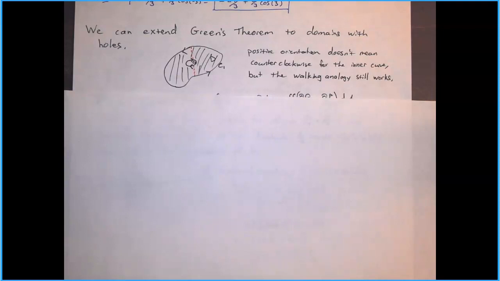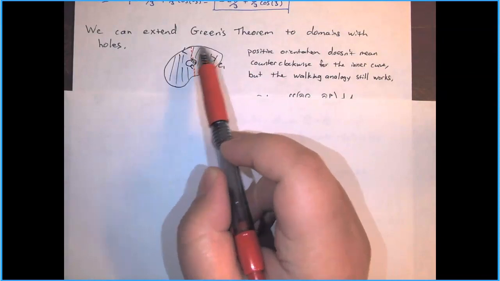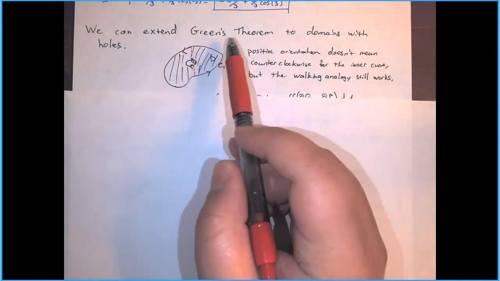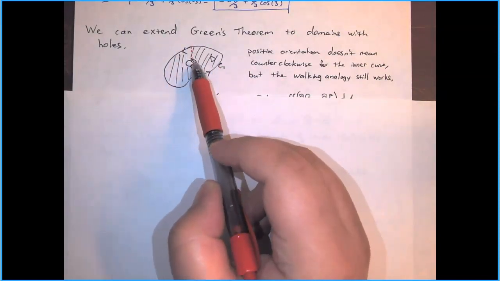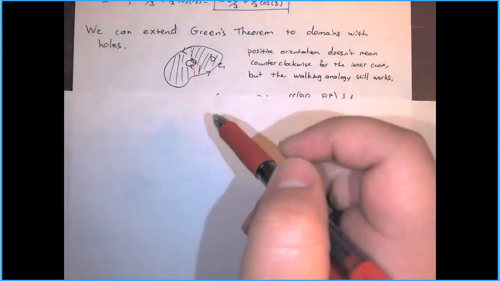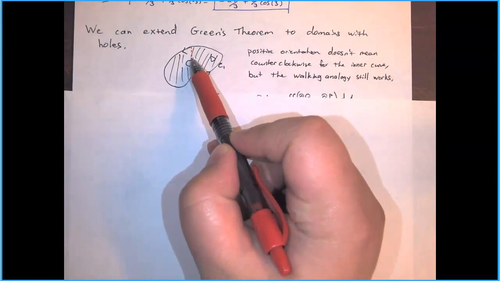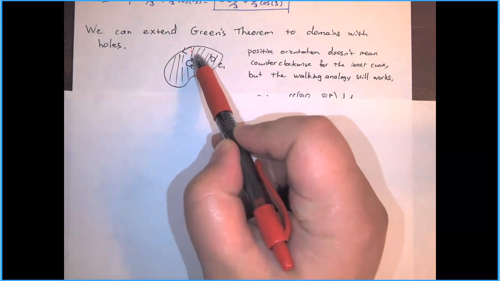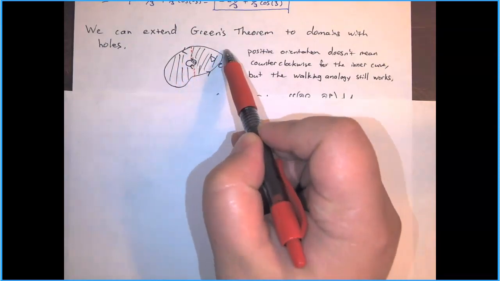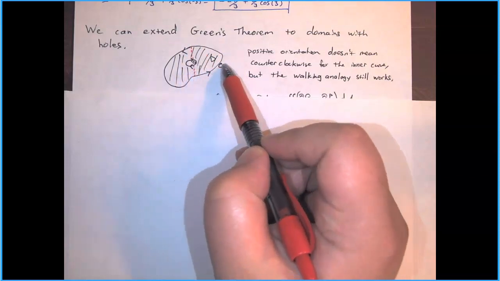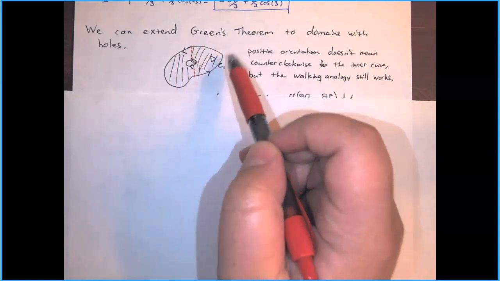The trick is you split D into 2 domains. And so imagine that I have a D1 and a D2 here, and that I'm actually integrating along these red line segments. Now, if I take that point of view and I start traveling along this curve, you'll see that this piece here, where I'm going clockwise, is actually part of this counterclockwise curve, if I include the red dotted line segments.